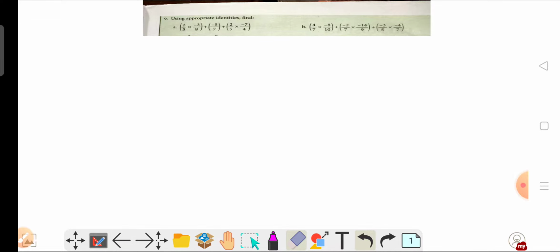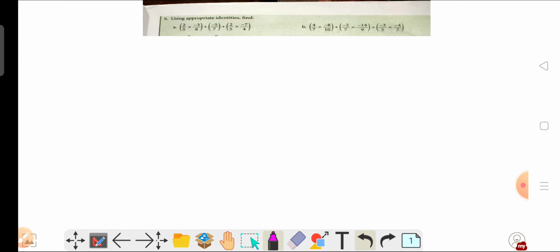What is the A part? In A part we have product of rational numbers, also the addition of rational numbers. We have to solve this question by using appropriate identities, which we have discussed earlier: commutative, associative, or distributive, whatever we can use in this question.